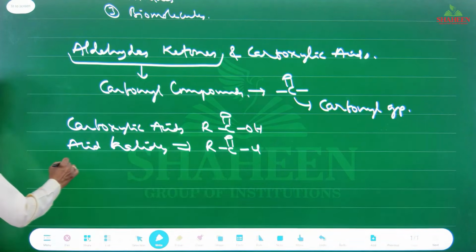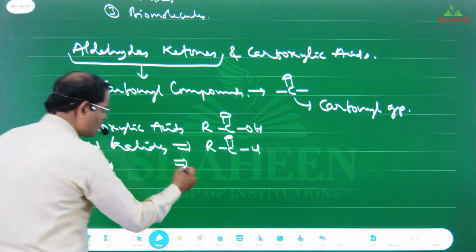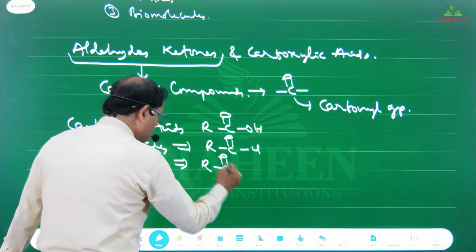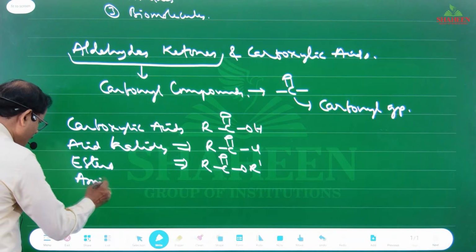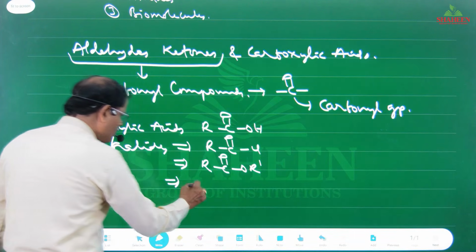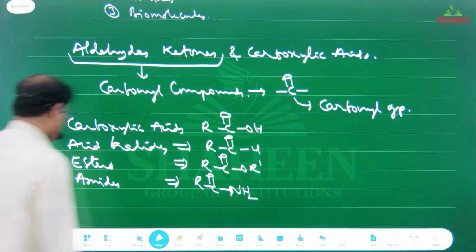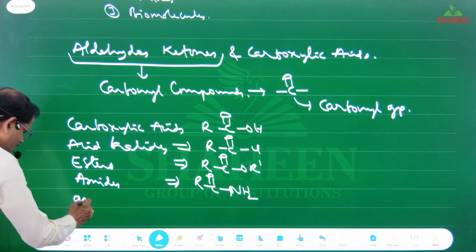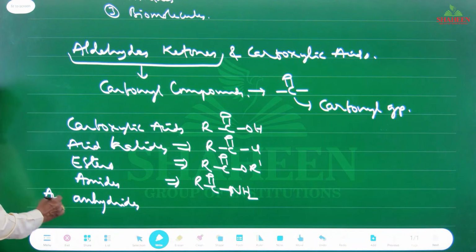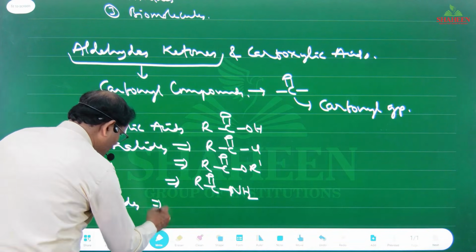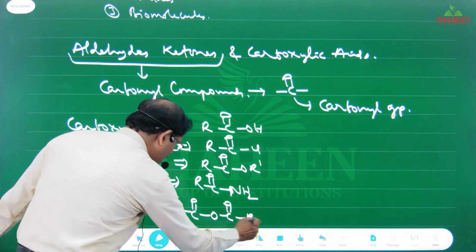And esters, C double bond O R dash, also have a carbonyl group. And amides, C double bond O NH2, also have a carbonyl group. And acid anhydrides, RC double bond O, OC double bond O R.